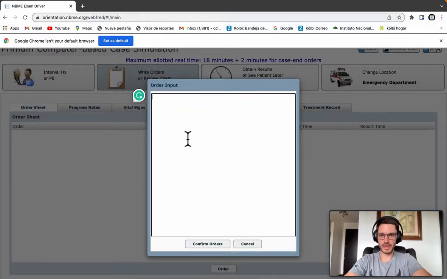I want saline, let's see, NaCl, IV, NaCl. Let's see what happens with that. We want a glucemia, glucose. Let's see what happens with that. We want a CBC. We want a BMP. We want arterial blood gases right now. Arterial.